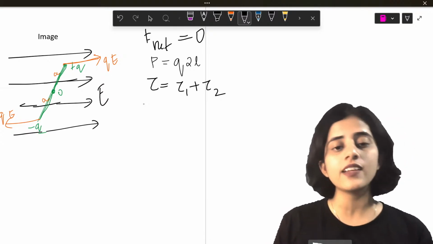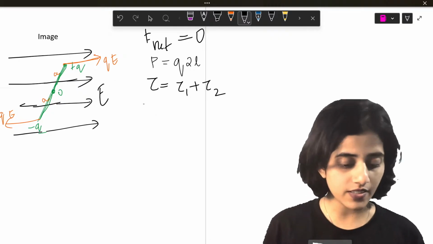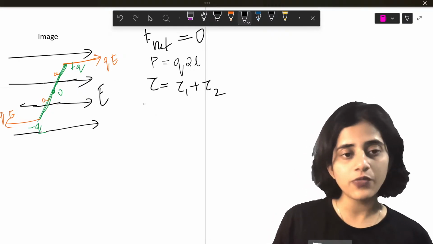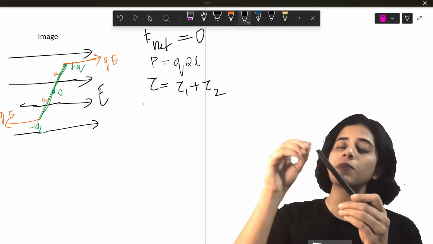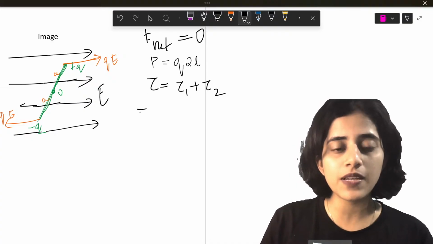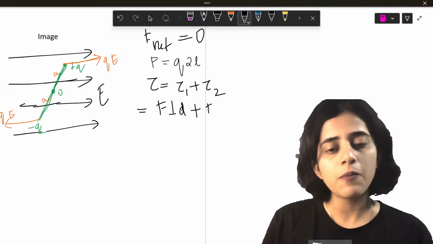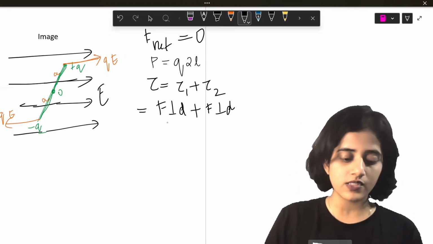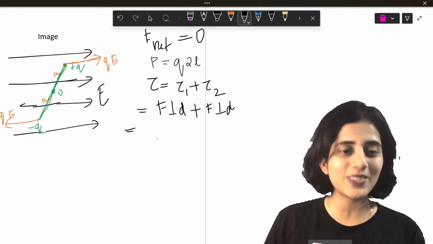Torque is basically force into the perpendicular distance. If you're applying a force, the perpendicular distance will give you torque. So this is going to be force into perpendicular distance plus force into perpendicular distance.